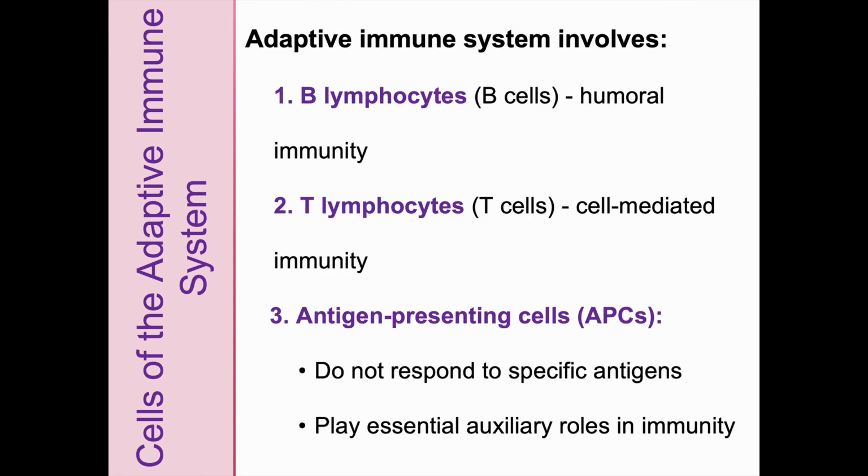Now let us go to the cells of the adaptive immune system. The adaptive immune system cells are the B lymphocyte cells, the T lymphocyte cells, and also the antigen presenting cells. These antigen presenting cells are less in number. T lymphocyte cells are produced by the thymus gland, and B lymphocyte cells are produced by the bone marrow.